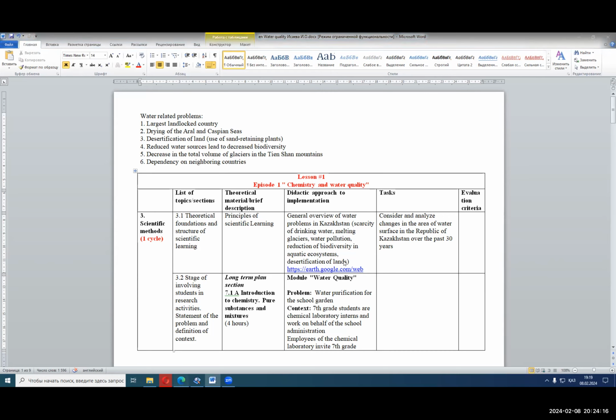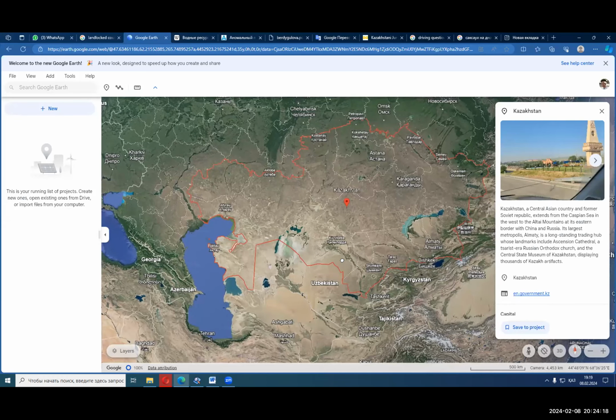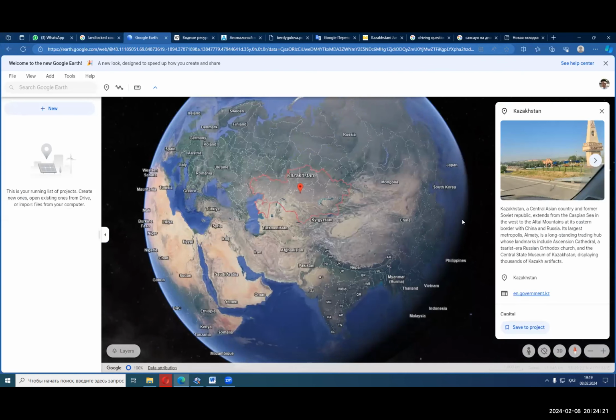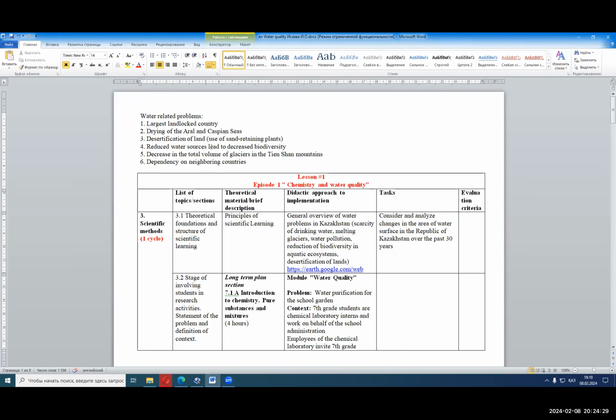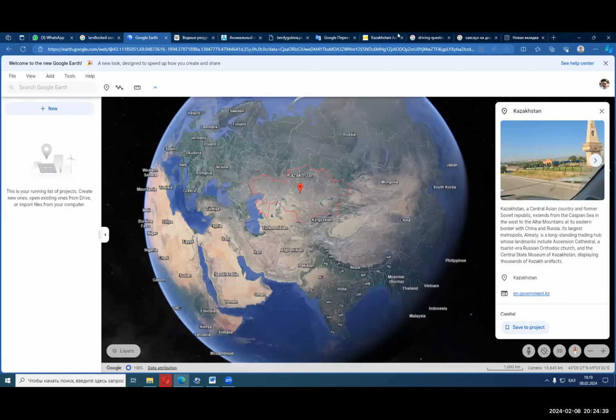For example, Kazakhstan is in the center of Eurasia, so we don't have access to the ocean. Another problem is our seas or lakes. They're drying. So, for example, we have here some pictures of comparison.